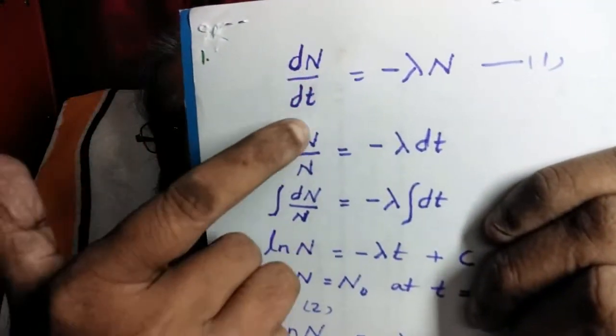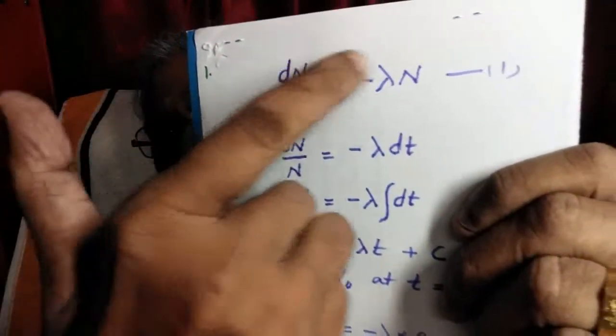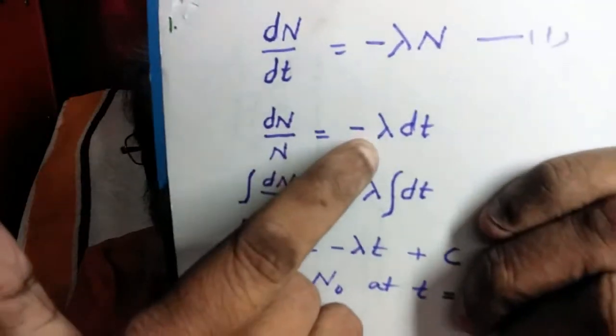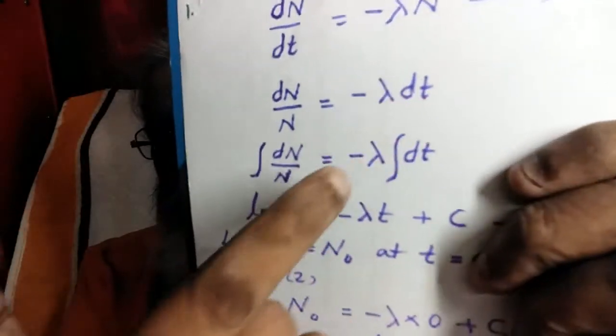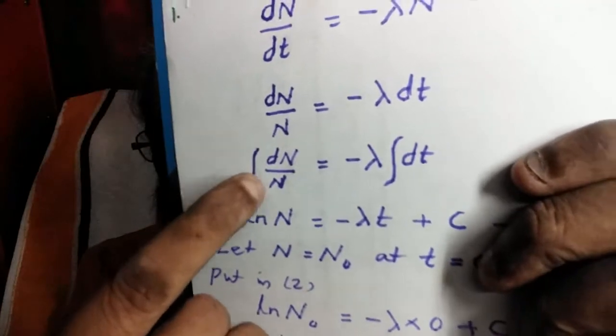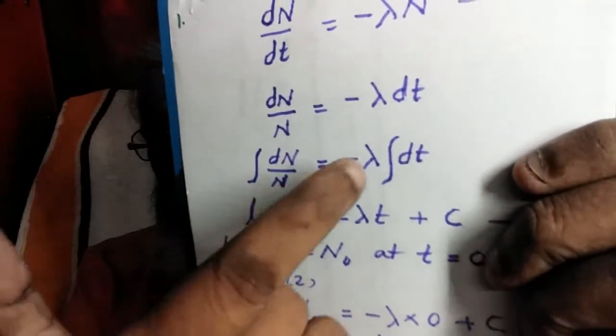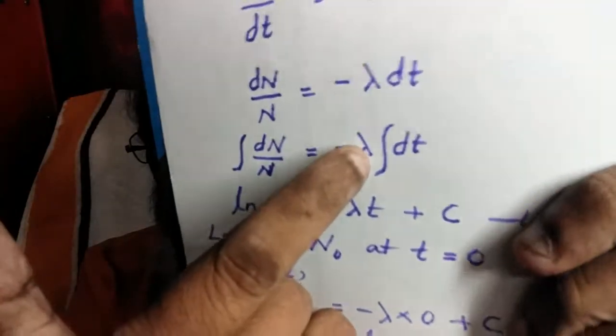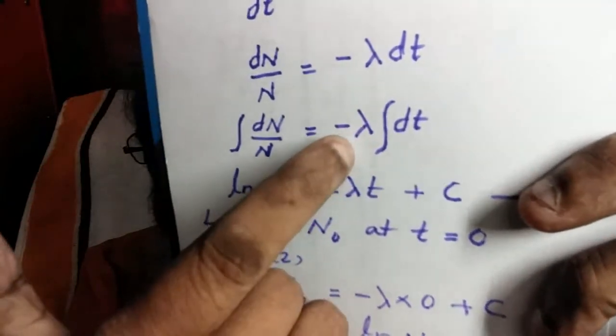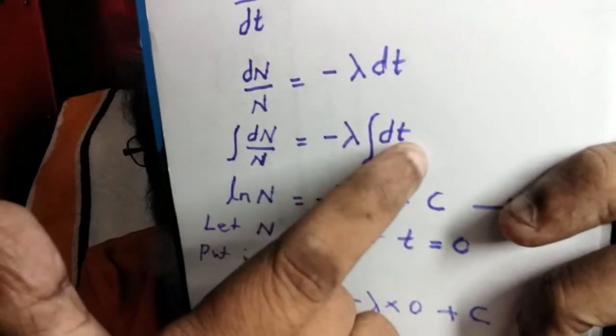That is called the variable separation method. So you can write the same equation as dN by N equals minus lambda into dt. Now integrate this: integral dN by N equals minus lambda, a constant, which you can take outside the integral, so minus lambda into integral dt.